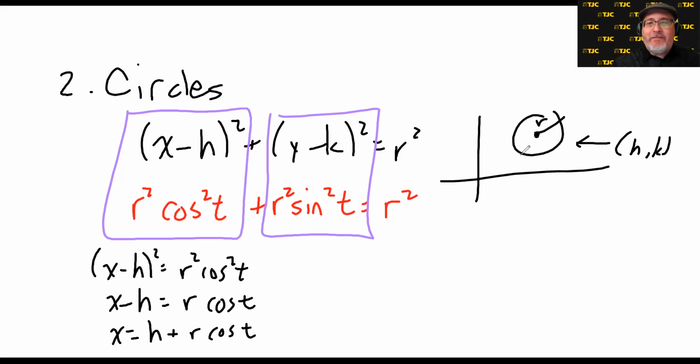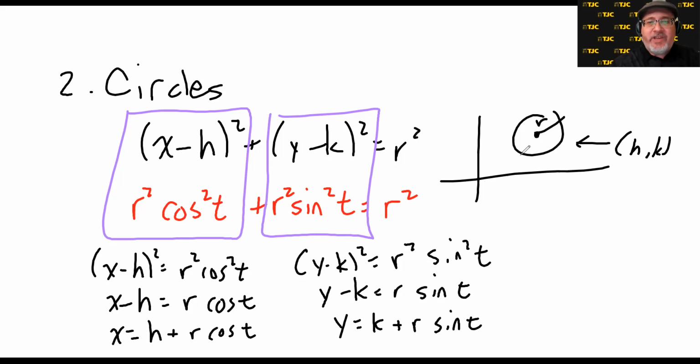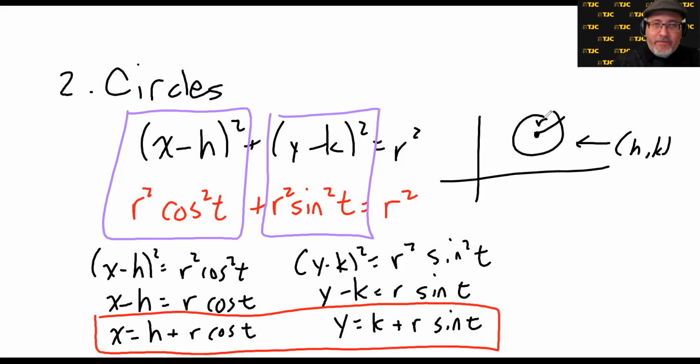And if we do the same thing for the y's, we have y minus k squared is equal to r squared sine squared t. Square root both sides to get y minus k equals r sine t, and then add k to both sides to get y equals k plus r sine t. And so this is the parameterization of a circle whose center is h comma k and whose radius is r.